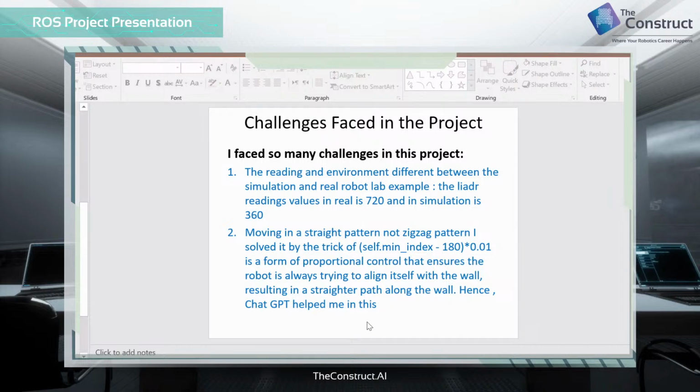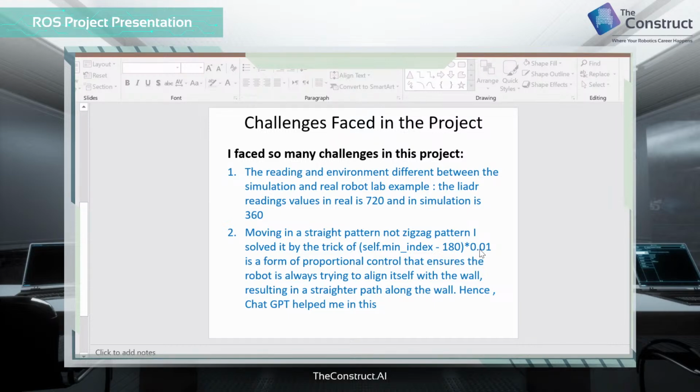So I was thinking with ChatGPT, and he told me about this line. What this line does, as I told you: when the reading is between 0.3 and 0.2, the robot takes the minimum index, we subtract the robot's right side from it, and we multiply it by the lowest speed.